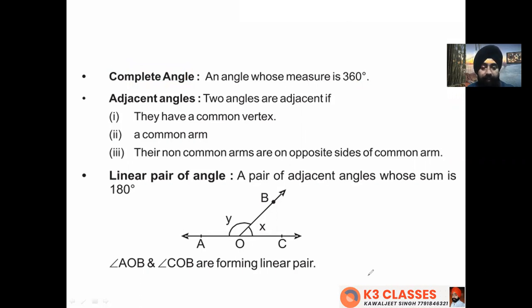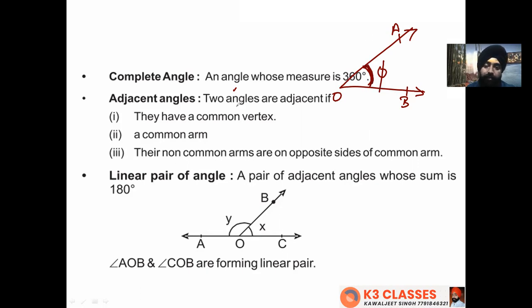An angle lies between arms. Let us draw an angle first. Suppose here we have an angle phi. OA and OB are called arms, through which this angle is surrounded.